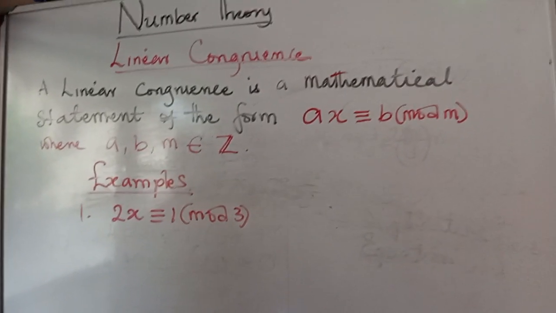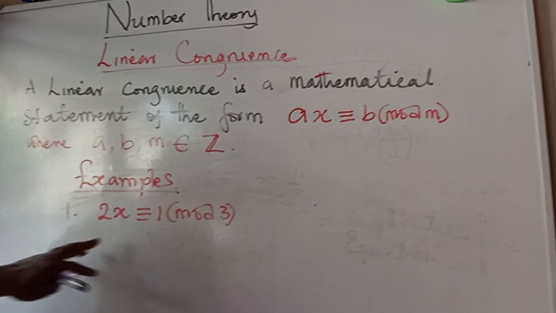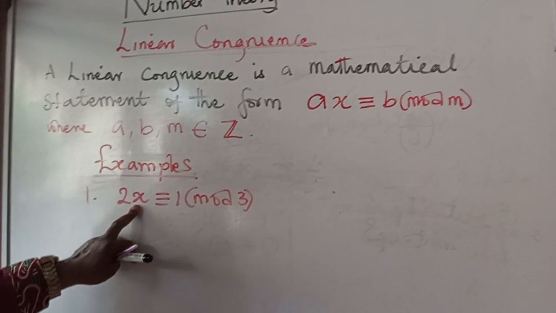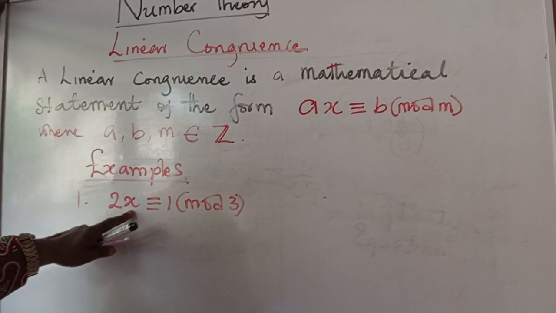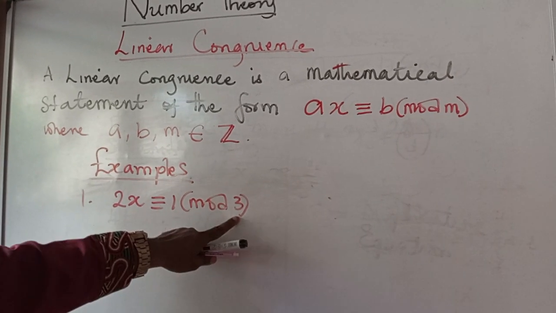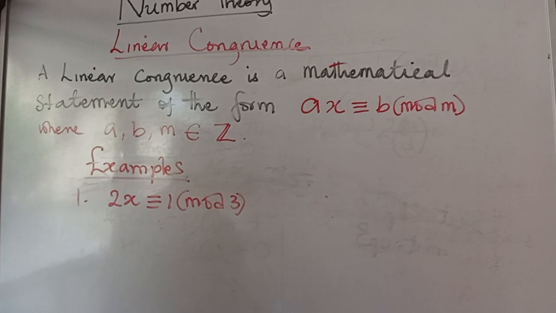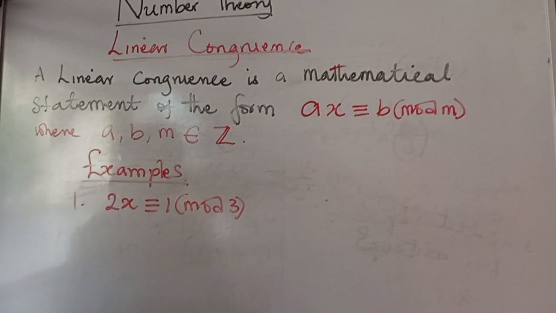One of the first ways is to find out what x can be. That is to say, if x is a number, what number can it be such that if I multiply it by 2 and divide by 3, I will have a remainder of 1? So let's look at the possibilities.